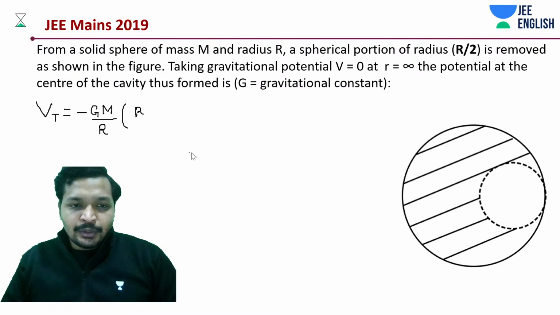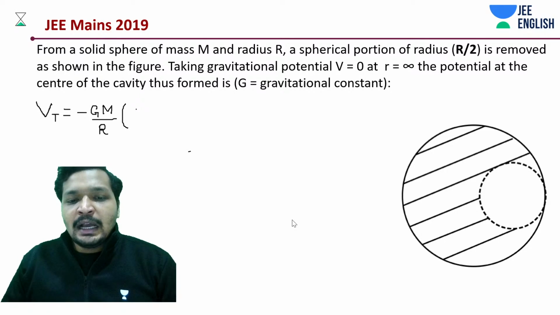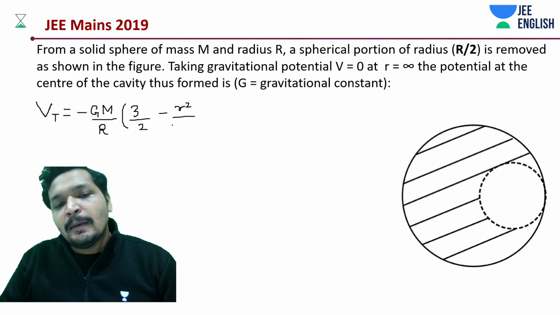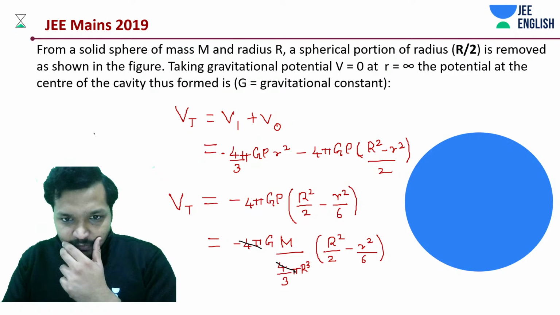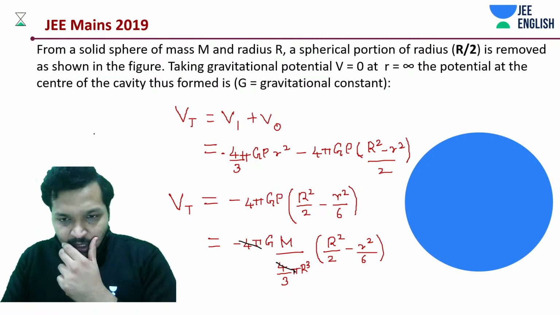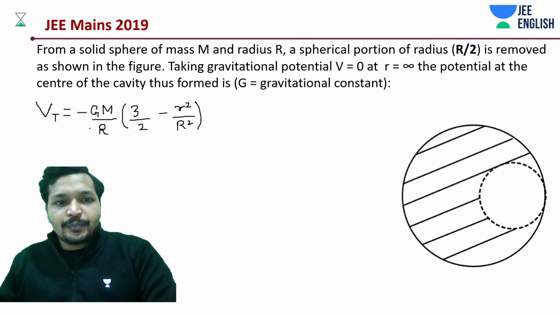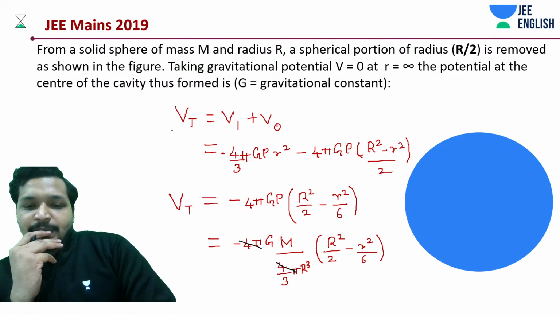R square would go off. Let me quickly get over this. We would be having 3 by 2 here, and we would be having minus r square by, it's all fine. Let me verify this. I think 3 would be there, so you would be having 3 R square, and there should be a 2 outside. Looks a little complicated, but it's not that complicated as such.